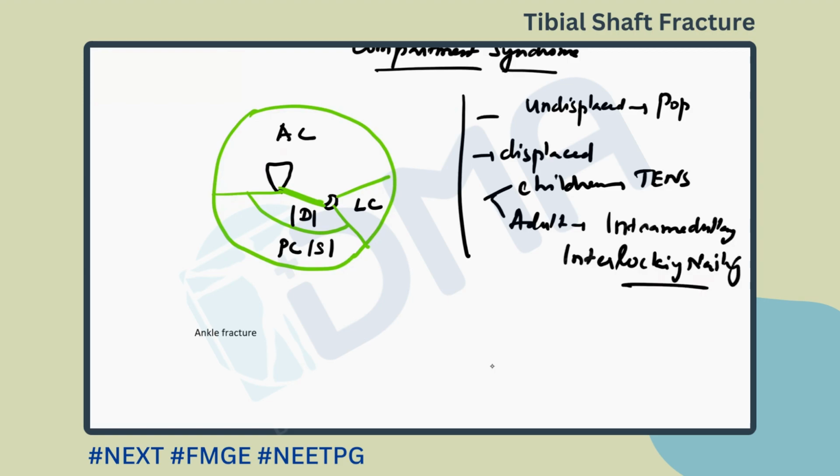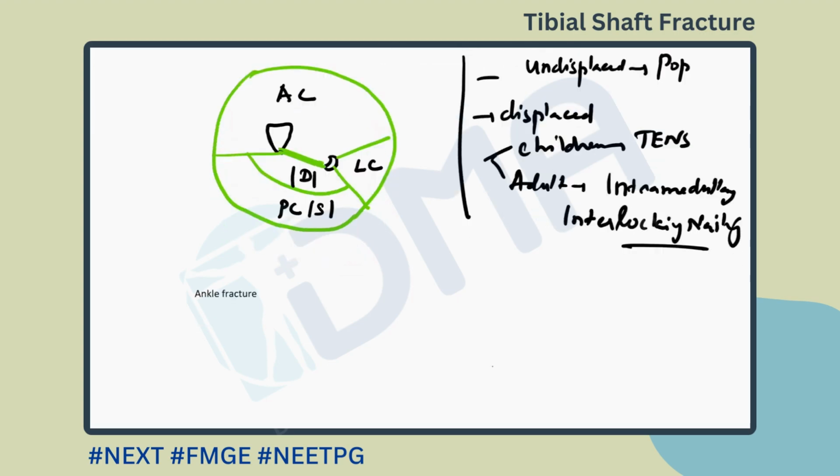Okay, clear? So in a displaced fracture in children, you treat it with TENS nailing. If it is an adult, you treat it with intramedullary interlocking nailing. Okay, so this is about the tibial shaft fractures.